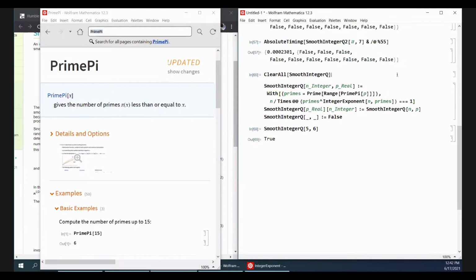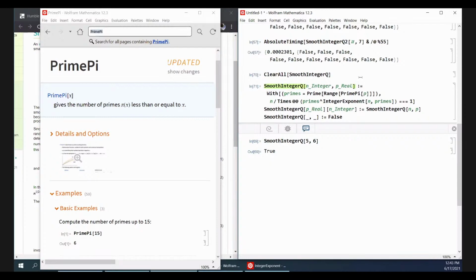Okay, cool. It probably has to be positive, right? You definitely don't want it to be real, then it wouldn't work on integers. So you could do a pattern test like question mark positive. Because that won't work if it's negative.